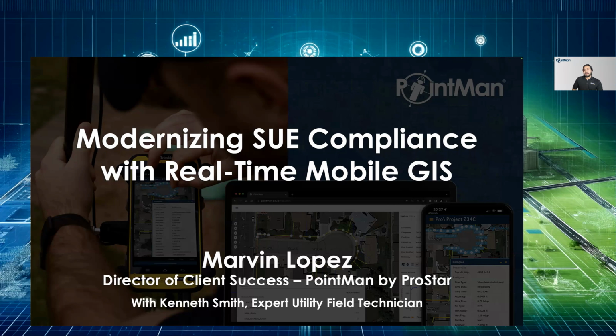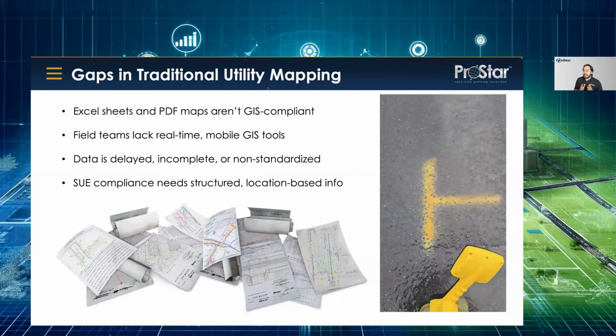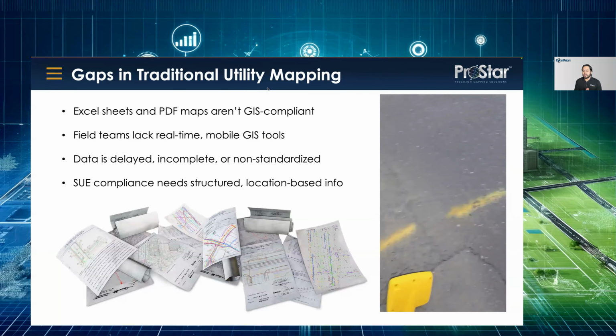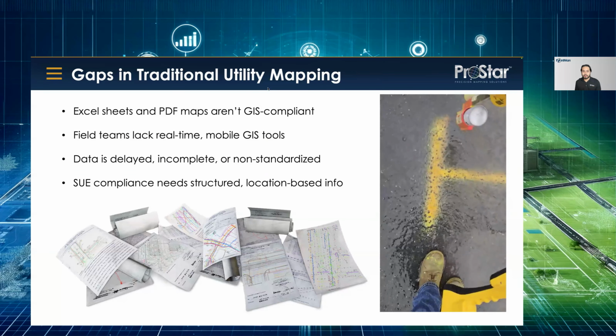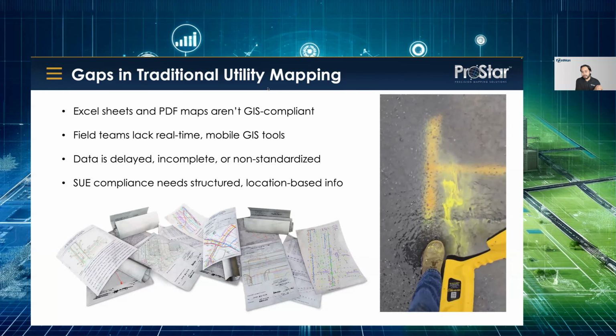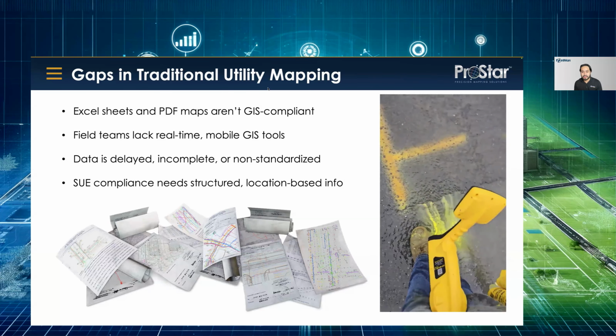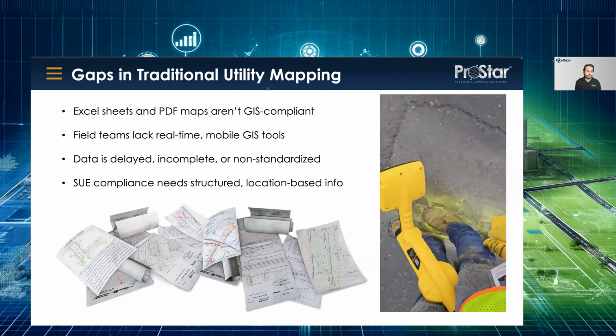Thank you, Ken. Guys, really what we're trying to talk about today is PointMan or other mobile mapping solutions. It's not just PointMan, there are others out there, but obviously my experience is with the PointMan solution. We're talking about the gaps in traditional utility locating. Things that were new technology 20, 30 years ago have now been caught up with even better technology today.